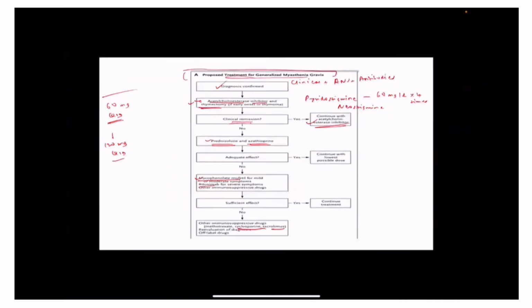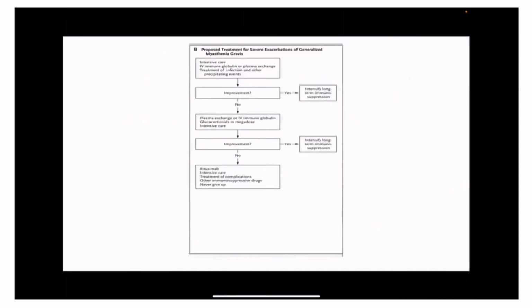But what if the patient has come in crisis? As I told you, what is crisis? Crisis is when the patient's respiratory muscles are also involved, and that is why he needs ventilatory support. So in these cases, the role of IVIG and plasma exchange, plasmapheresis, is there.